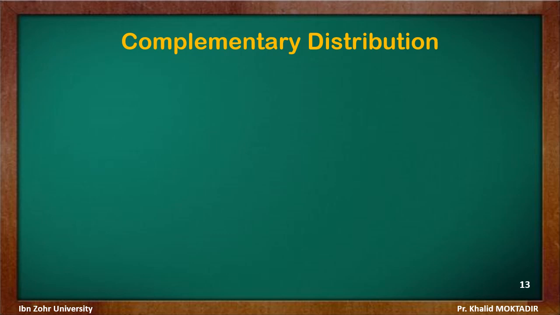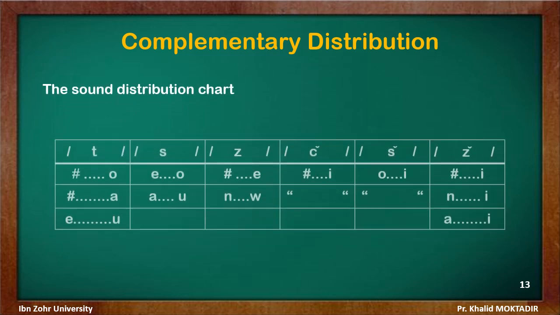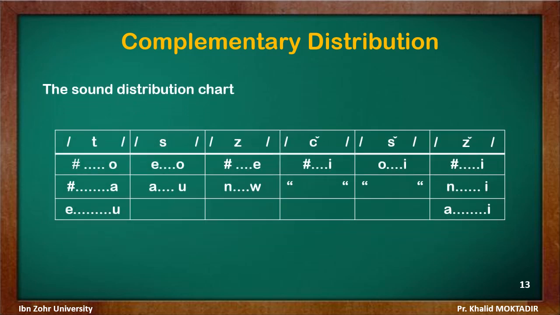Well, to make your task of specifying the different contexts easier, it is advisable to have a way of indicating each context. A chart like the following would help you determine the different occurrences for the different sounds. Now notice the variety of contexts where we find the first members of each pair, that's t, s, and z.